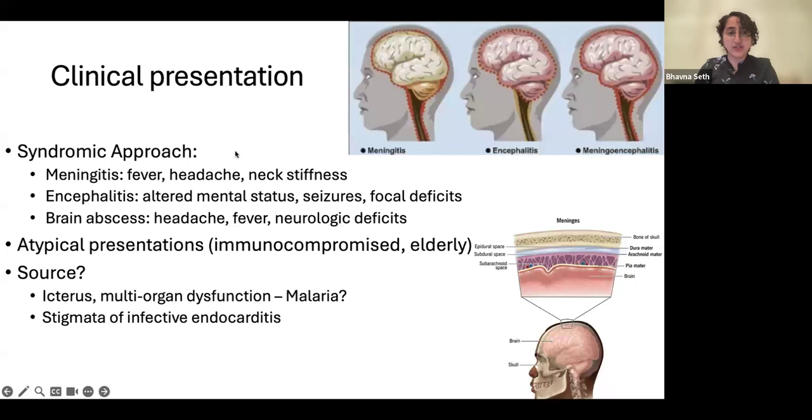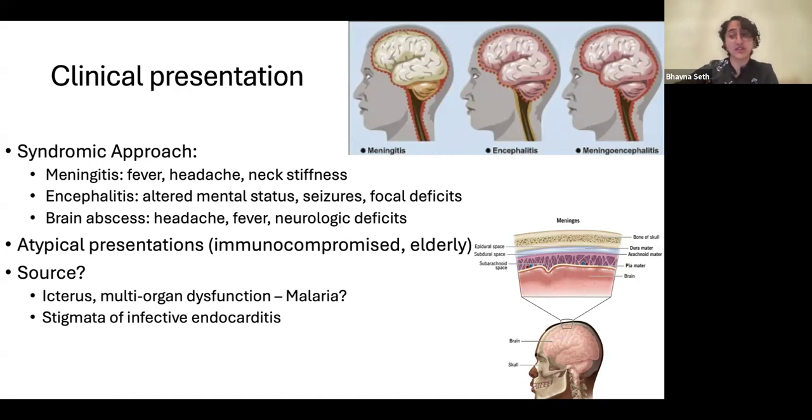In terms of the presentation, I'm sure you're all well aware of the syndromic approach, but overall thinking of what part of the body is involved. In the case of meningitis, it's the outer lining of the brain, and so the brain tissue itself is not affected. So one can imagine that our cognitive faculties are not impacted as much.